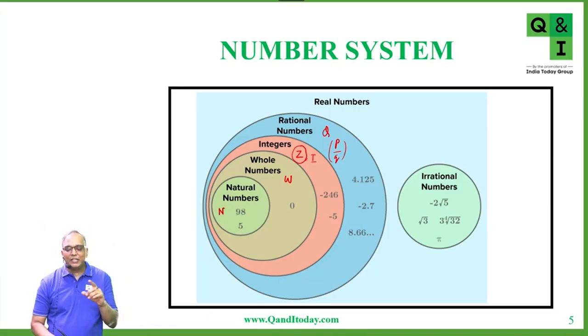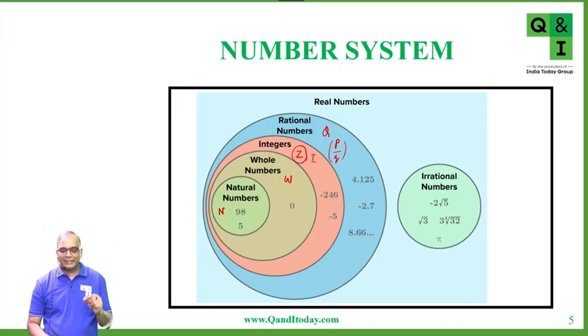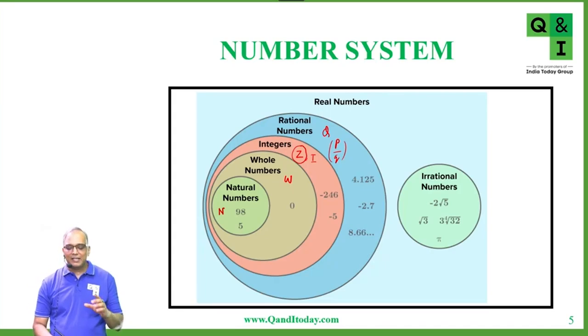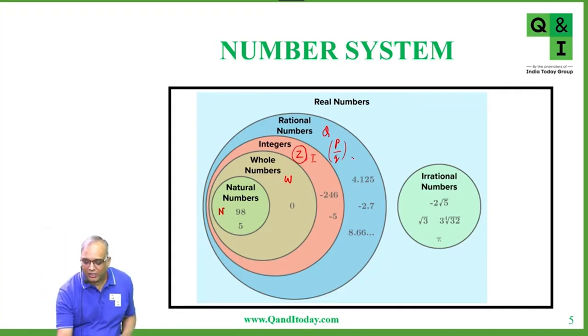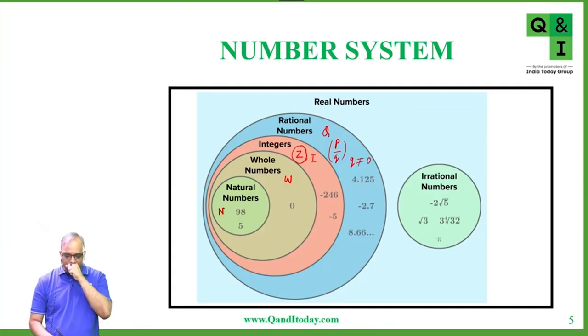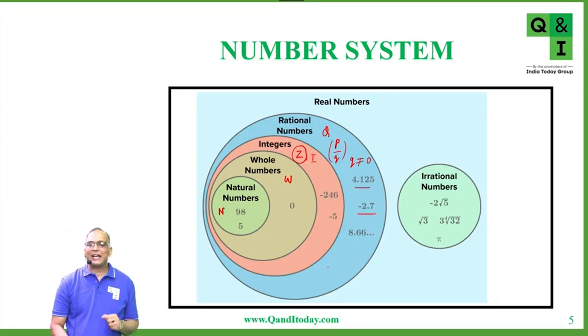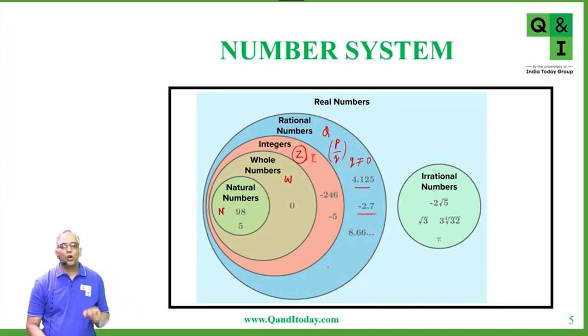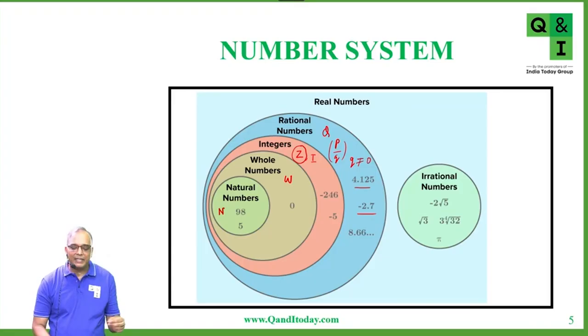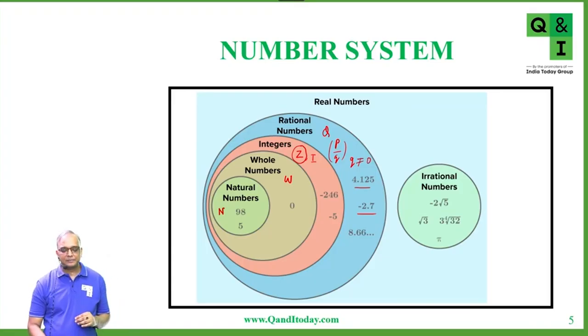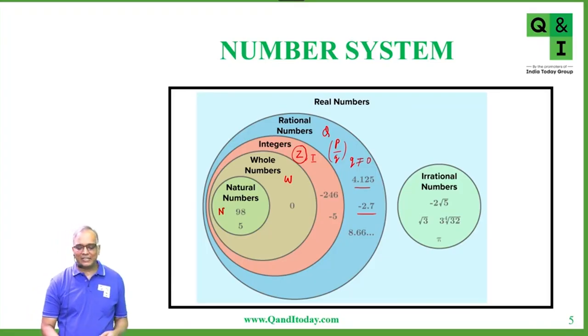When you take the ratio of integers, it becomes a rational number, and q should not be equal to 0. Clear? All decimals which are either terminating or non-terminating and repeating are rational numbers. We'll discuss this in detail as well.